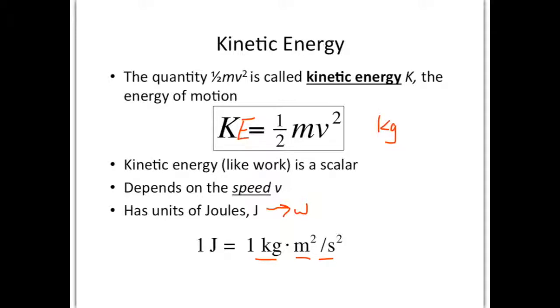And velocity squared. Well, velocity is meters per second, and if we square that, it's going to be meters squared per second squared. And that's exactly the same unit as a joule right there, which is what work is measured in. So we're going to see a little bit later how work and kinetic energy are inextricably tied to each other, and how you can prove work is being done by the values of kinetic energy that an object has.